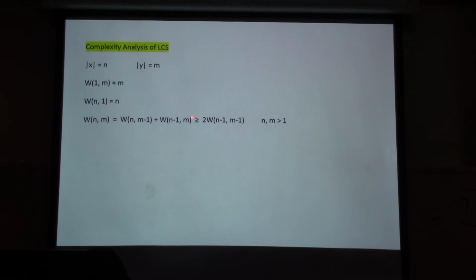And therefore we can add them, we have two of them, but in this case, since we've reduced them, what we had originally is bigger than this reduction. So W(n,m) is greater than or equal to 2W(n-1, m-1).